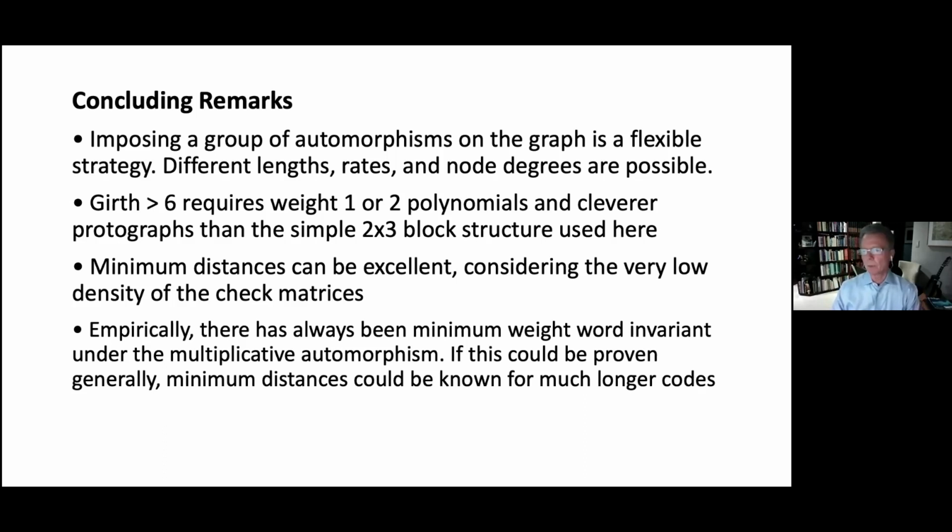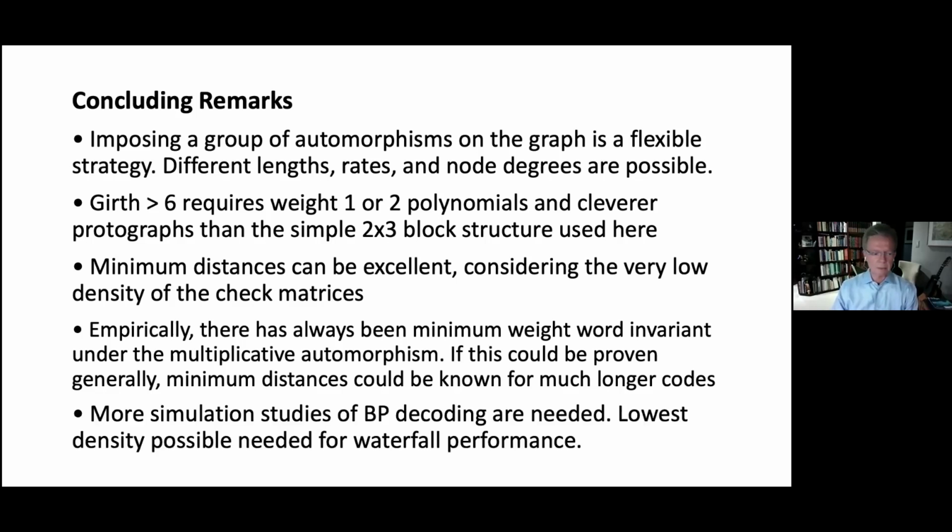Every time I've done one of these codes, it turns out that there is a minimum weight word, when the software Magma has found a word, that exhibits the invariance under the multiplicative automorphism group. If I could prove that mathematically, I'd be able to extend when you can say what the minimum distance is to much longer codes, because it says you just have to check a subcode to find the minimum distance. But I need to do more work understanding how the belief propagation will work.